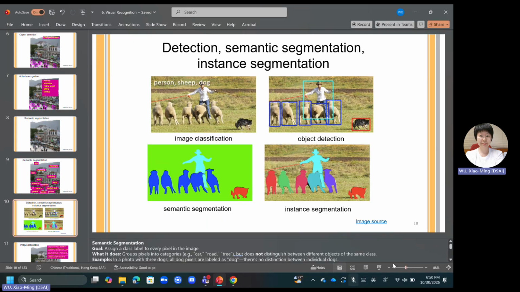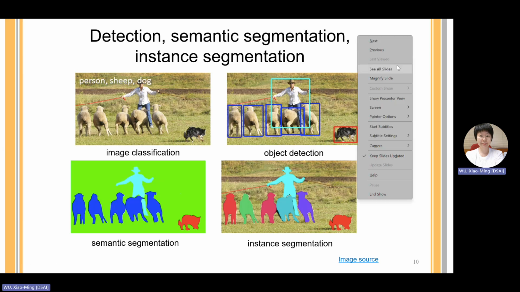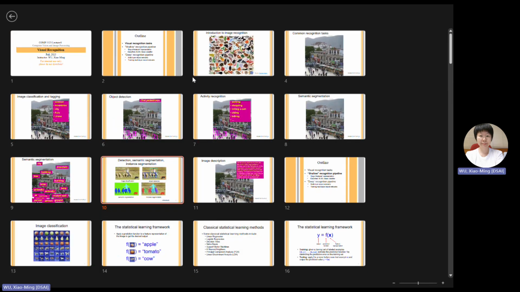So visual recognition is a much broader term than classification. It involves object detection, segmentation, and semantic segmentation. These are perhaps the 3 most popular, fundamental tasks in computer vision.